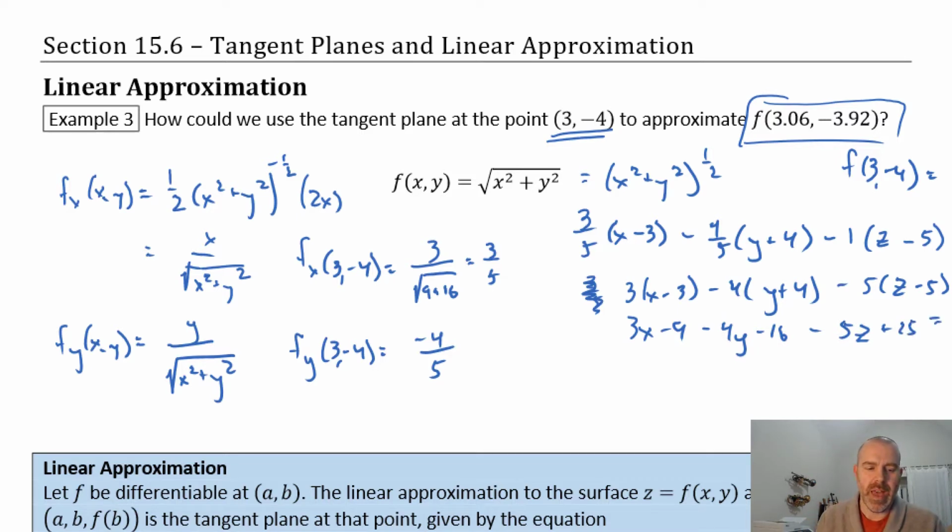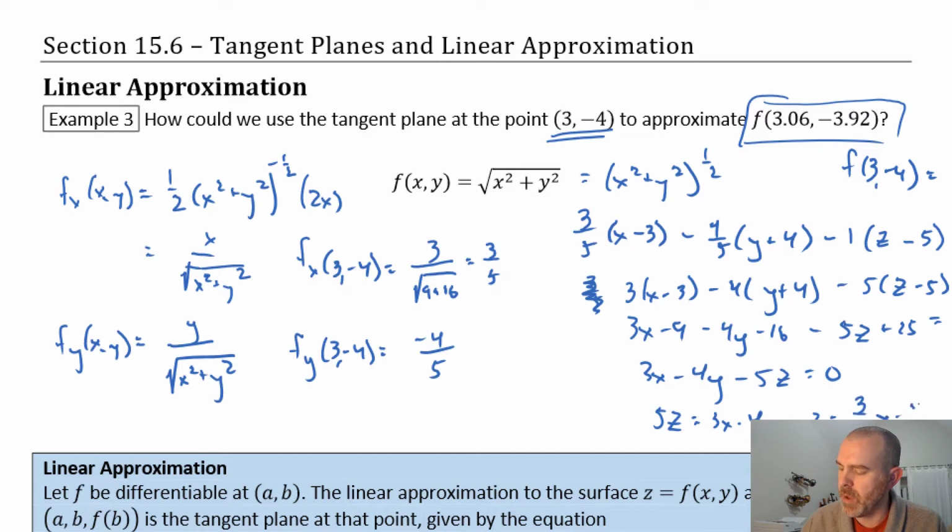That's convenient: we get 3x minus 4y minus 5z equals 0. If we solve for z, 5z equals 3x minus 4y, or z equals 3/5 x minus 4/5 y.